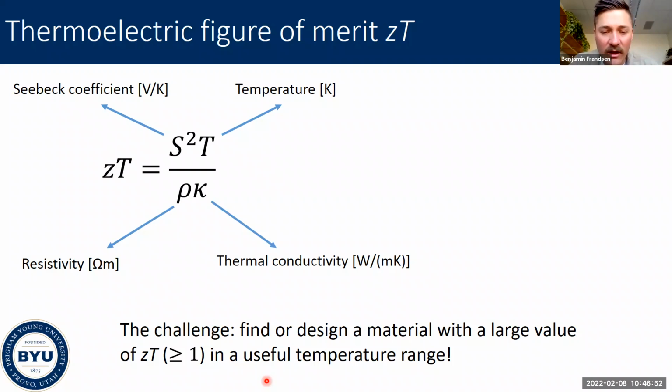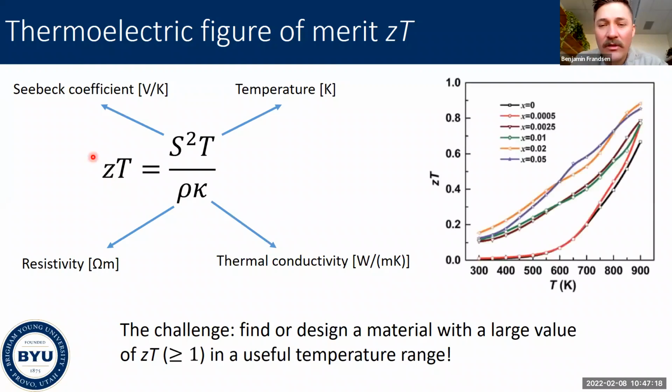So that's the challenge: find or design a material with a large value of ZT in a useful temperature range. But that's tough to do because a lot of these parameters move counter to each other. For example, if you decrease the resistivity, you are probably increasing the thermal conductivity. So it's hard to make a net gain in your ZT.